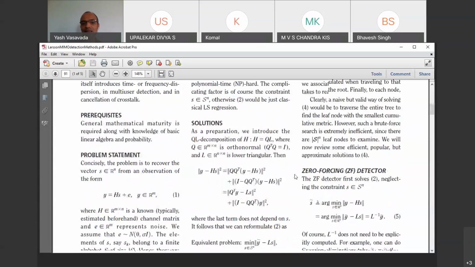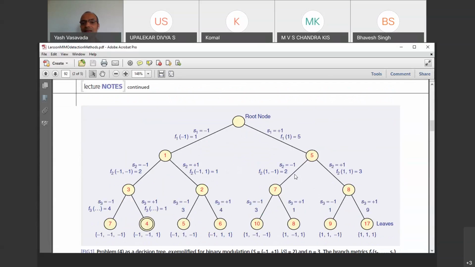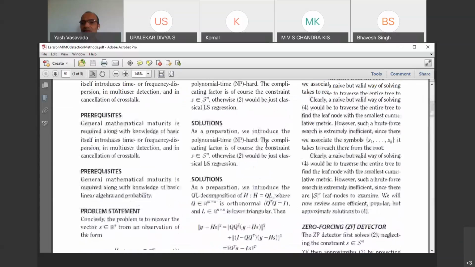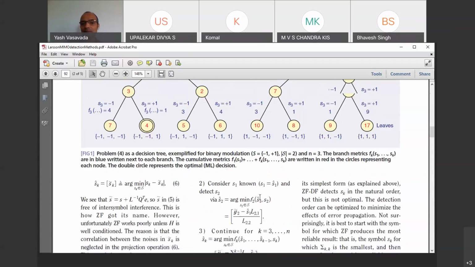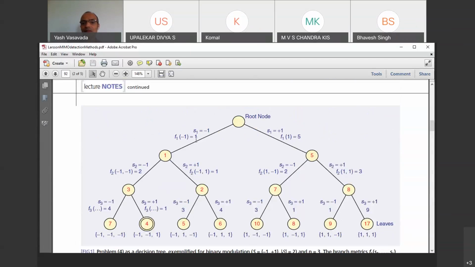And so the author says that I can consider the evaluation of this Euclidean distance in this manner by this binary tree, where the first branch of the binary tree is dependent only on S1 and its values are determined by these values of function f1 when s is -1 and s is +1, the BPSK case.